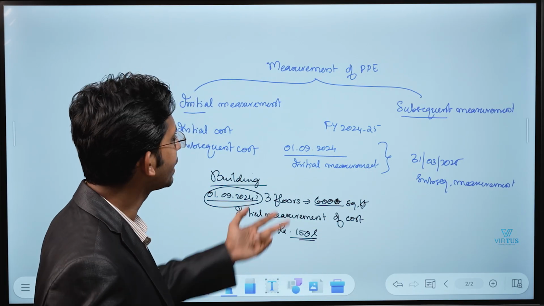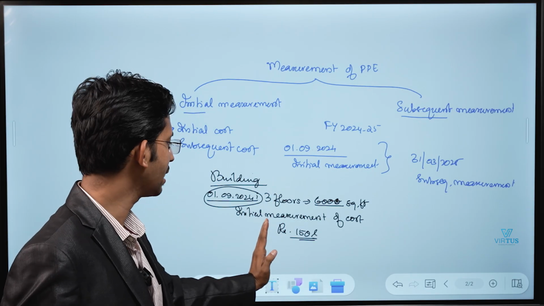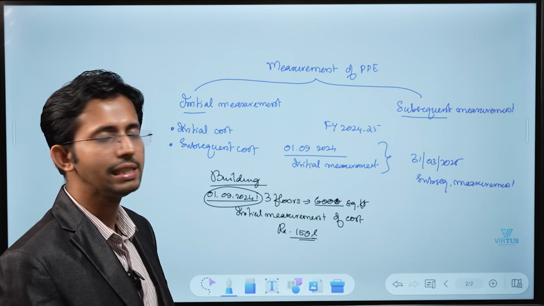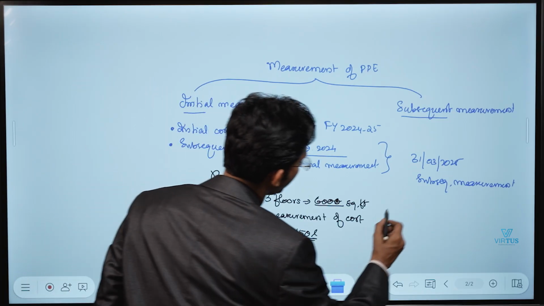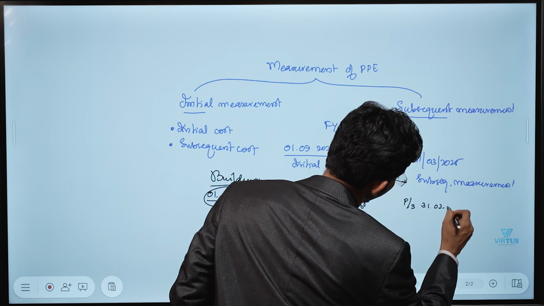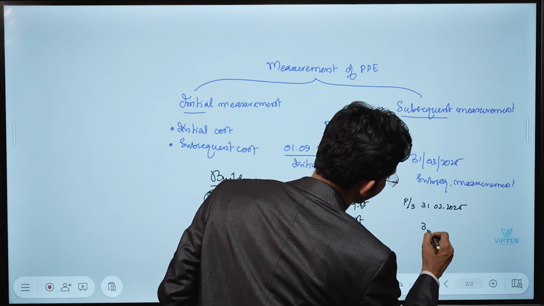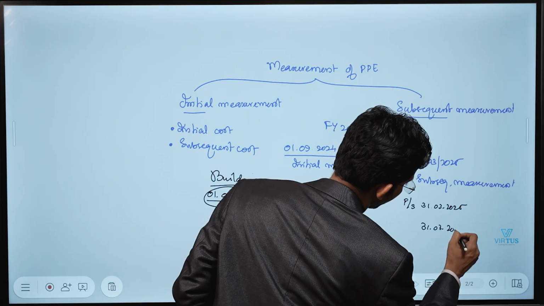Now what is subsequent measurement? The same asset without any addition or changes will have to be reported in the financial statements being prepared on 31/3/2025. Also it will appear in the financial statements on 31/3/2026.